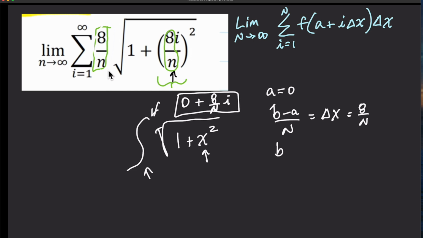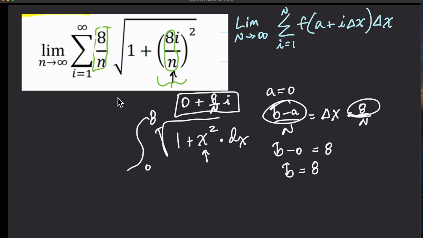Therefore, we're going to have b minus 0, because we're going to pattern match with the numerators. b minus 0 equals 8, and b equals 8. So therefore, our final integral is going to be from 0 to 8 of this function times dx.